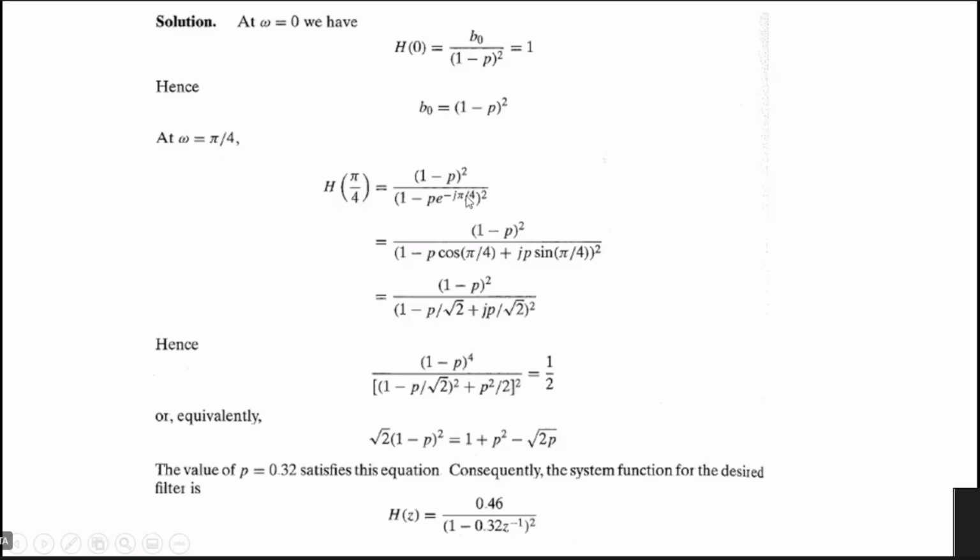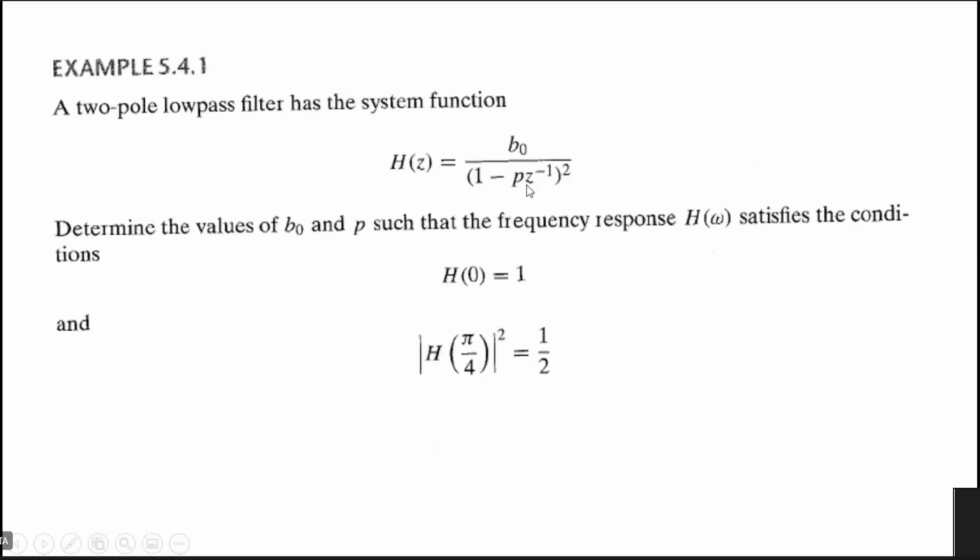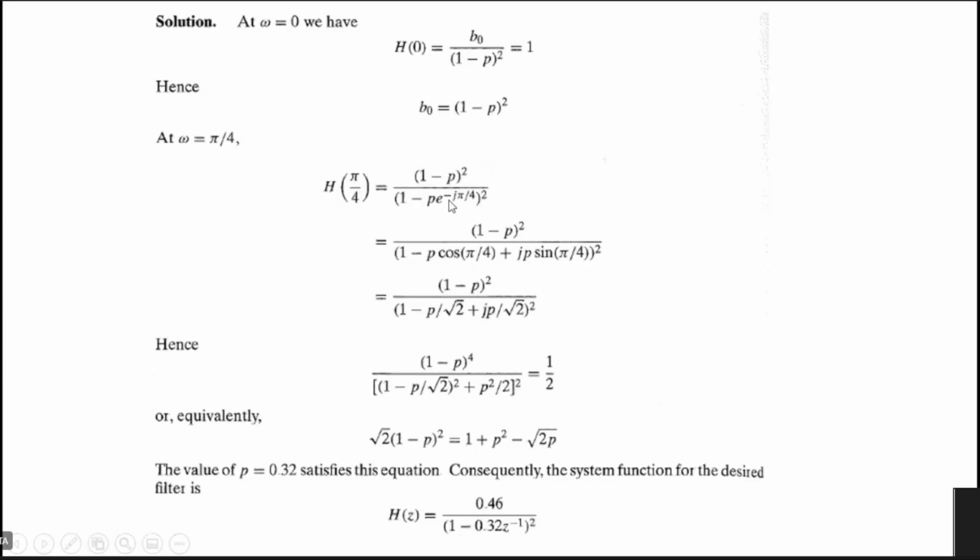So what is the transfer function? It is (1 minus P) square, in place of B0 we write (1 minus P) square, over (1 minus P z inverse) square, the original equation. In place of Z we write e to the power j omega, where omega is pi by 4, and Z inverse is there, that's why it is e to the power minus j pi by 4, overall square.